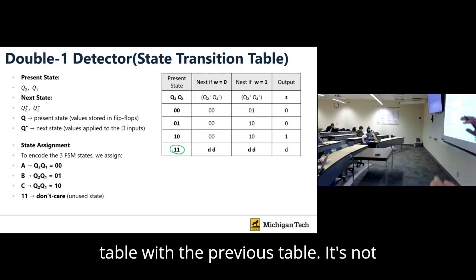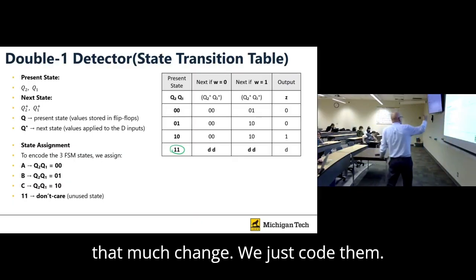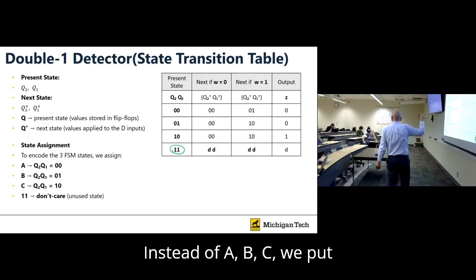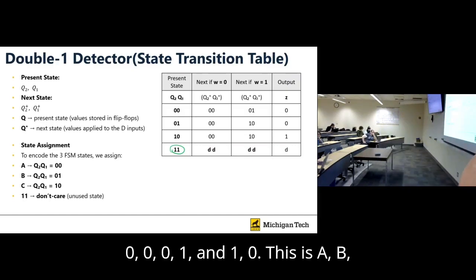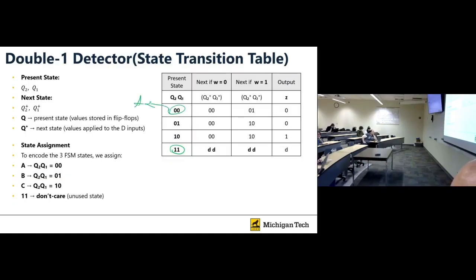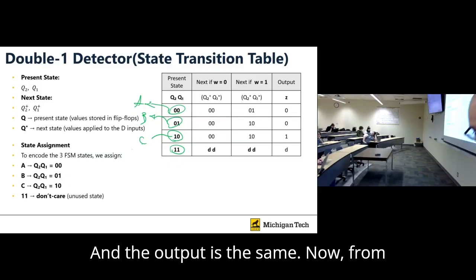So this table is not much changed from the previous table. We just code them. Instead of A, B, C, we put 0 0, 0 1, and 1 0. This is A, B, and C. Okay, and the output is the same.